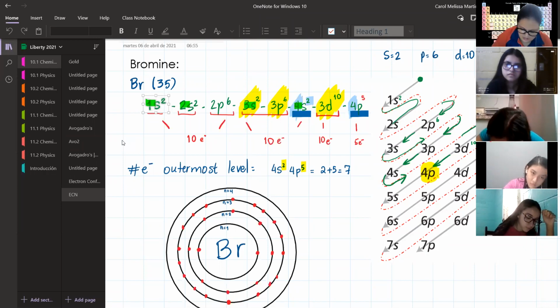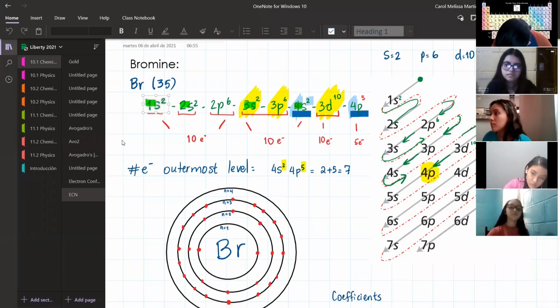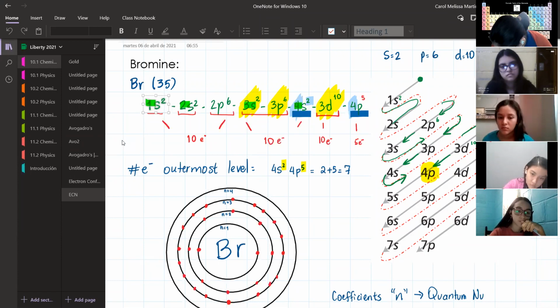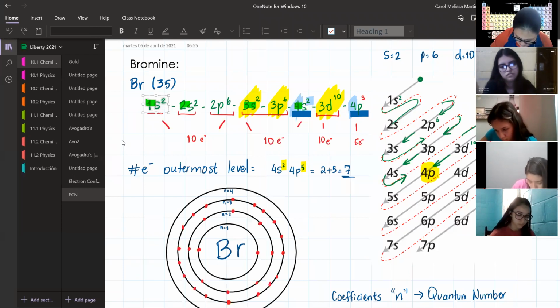Yes, the coefficients, the greater numbers, are known as quantum numbers. And then in the outermost level, as you know, we have 7 electrons. So I'm going to put them in the outermost level. 1, 2, 3, 4, 5, 6, 7.